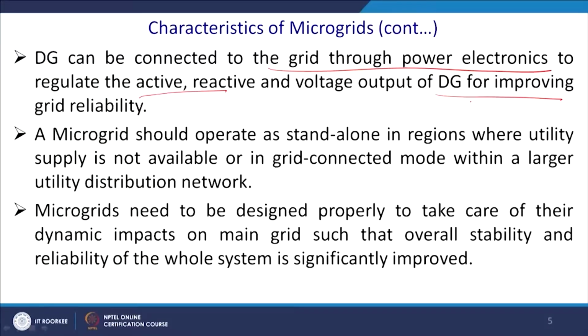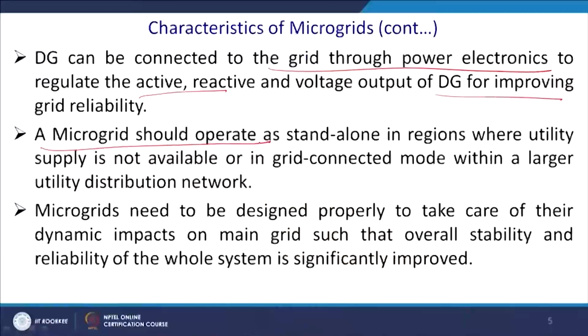Sometimes we may feed reactive power, if required, for grid stabilization. A microgrid should operate standalone in regions where utility supply is not available, or when you have a blackout for some days, and in grid connected mode within a large utility distribution network. So, this is also possible. So, its flexibility is more.